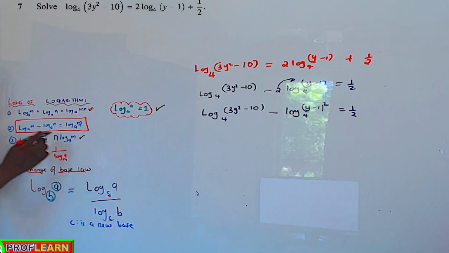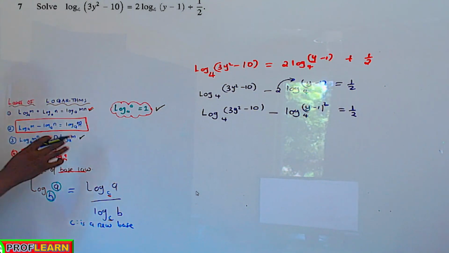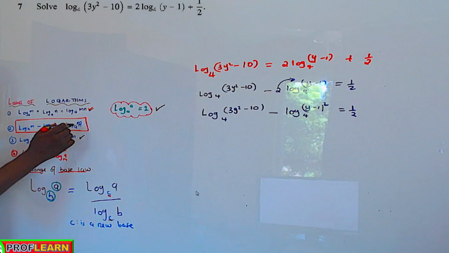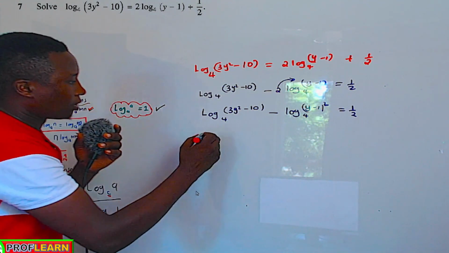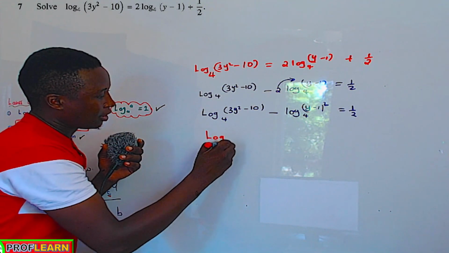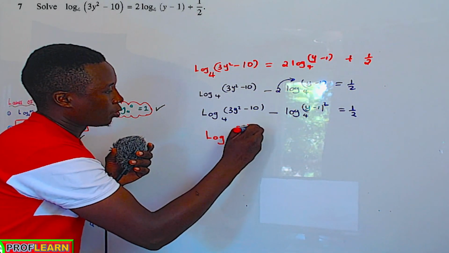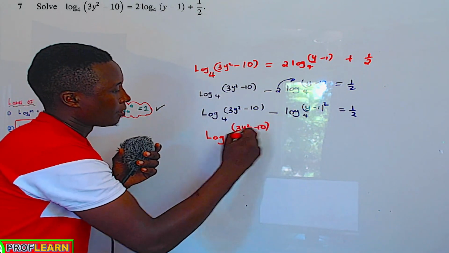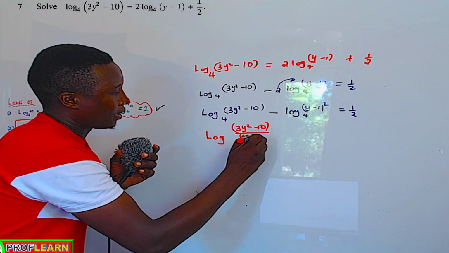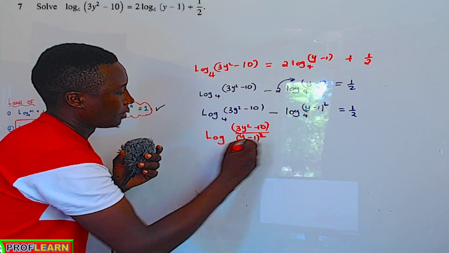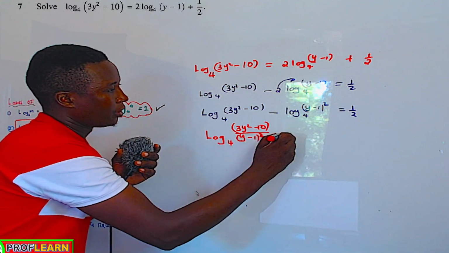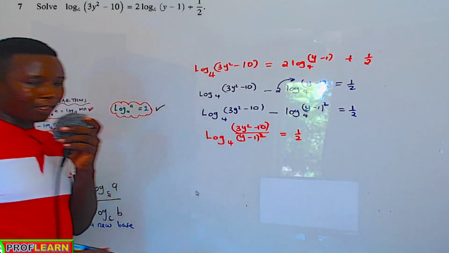So when two logarithms of the same base are subtracted, you can divide the numbers. Which means we can write this as a single log, and they say this is (3y squared minus 10) over (y minus 1) squared, and then we shall have base 4 is equal to a half.